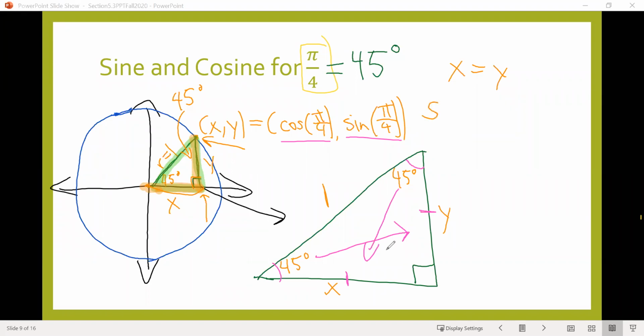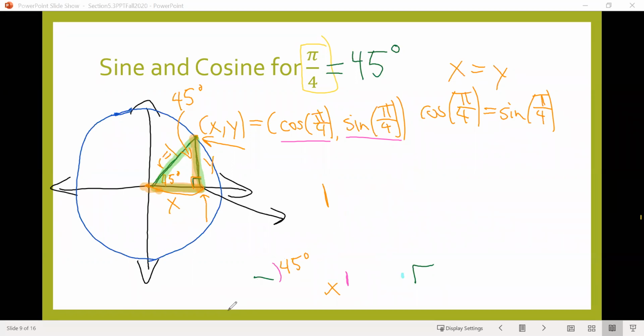So here we have that the cosine of pi over 4 is going to equal the sine of pi over 4. So here the cosine and the sine are the same, is the moral of the story. Now that's not true for every angle, but it is true for pi over 4 radians or 45 degrees.